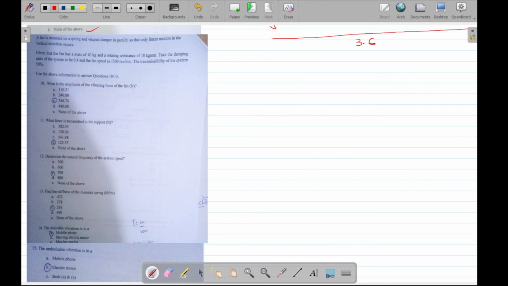Okay, so here we are given that the mass is 40 kilogram and the rotating unbalance is 10 kilogram millimeter. So me is equal to 10 kilogram mm. Take the damping ratio of the system to be 0.4, so zeta will be 0.4, and the fan speed omega to be 1500 rev per minute.